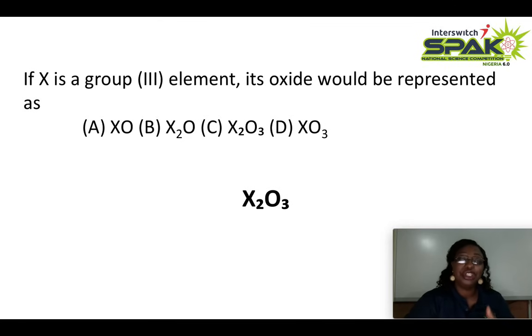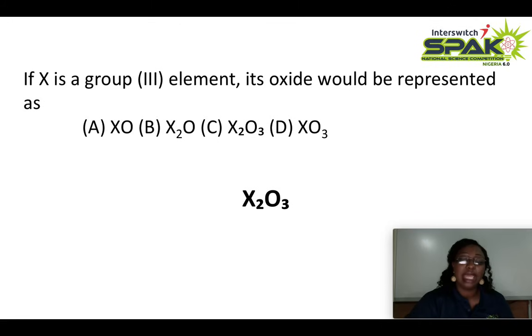an oxide is formed when oxygen reacts with an element. So you have oxygen as 2 minus. By the time they swap valencies, 2 and 3, you have X2O3.